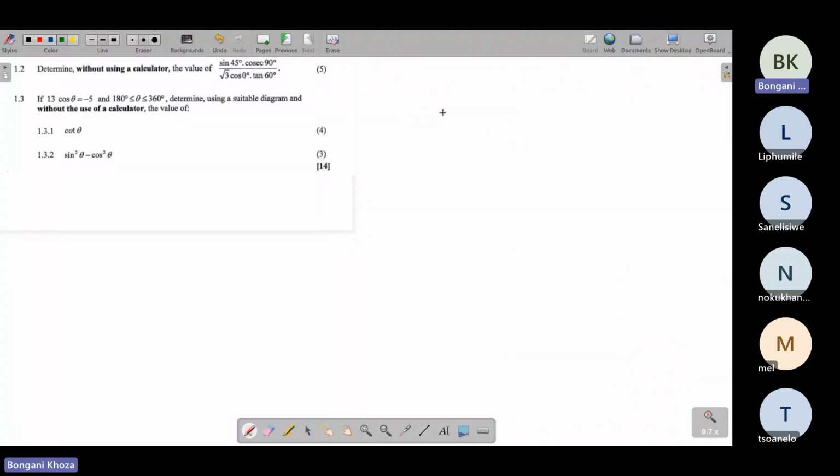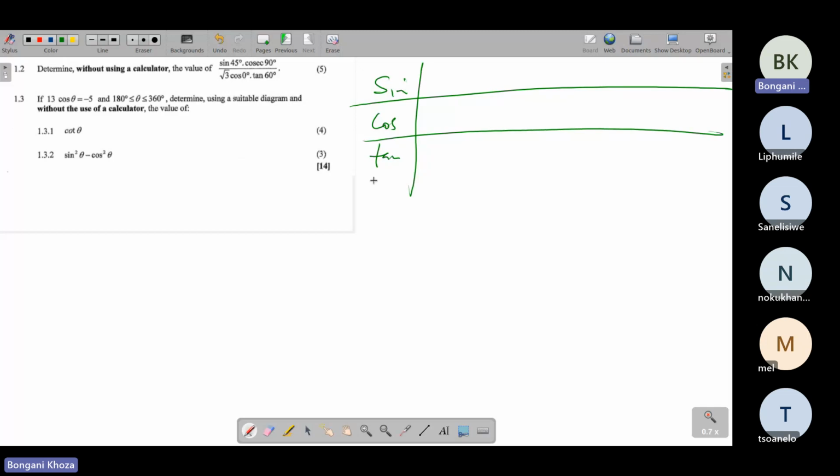Okay, I think there was a table that I once did whereby I said sine, cos, and tan, like this. So if we have sine, we need the angles over there. Let's do this.